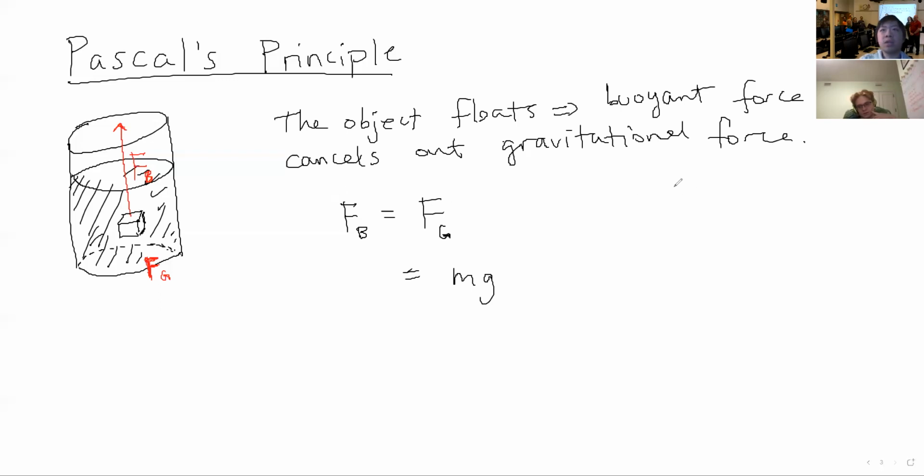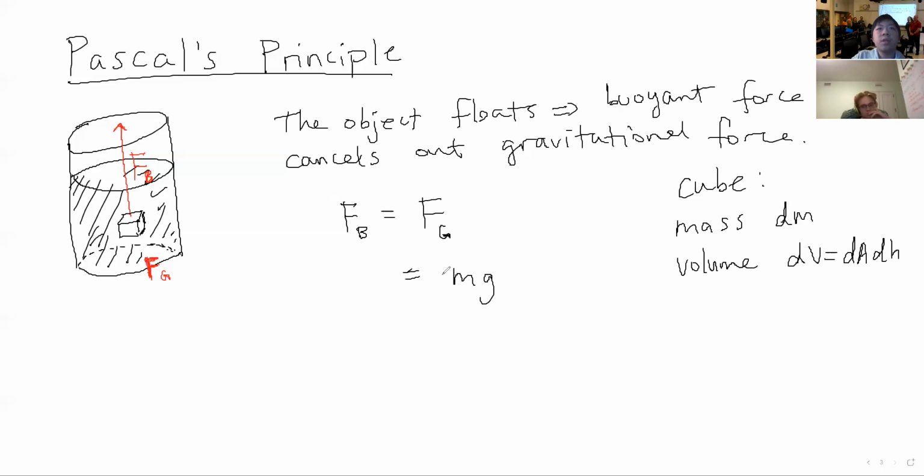So then we're going to look at a small cube. And the cube has a mass of dm and a volume of dV, which is equal to some dA times dh, right? Okay.